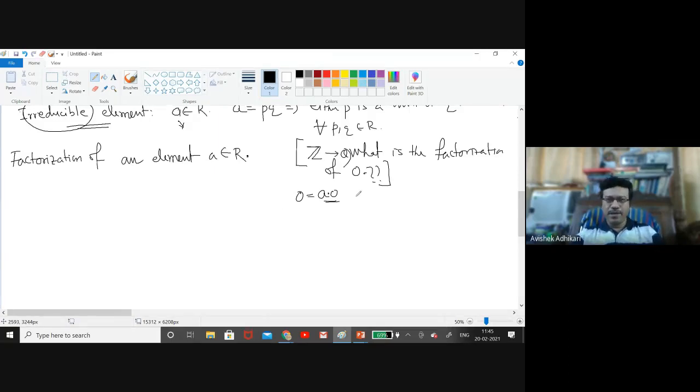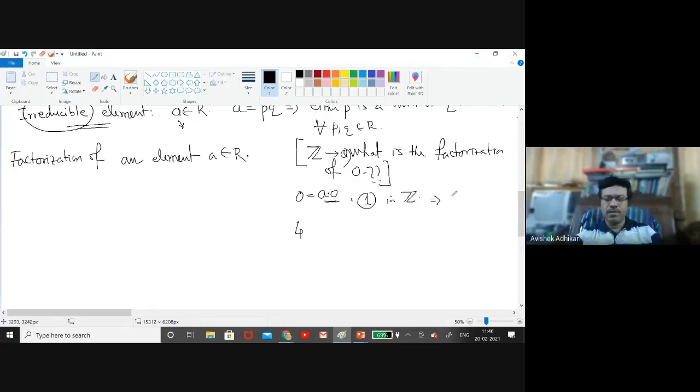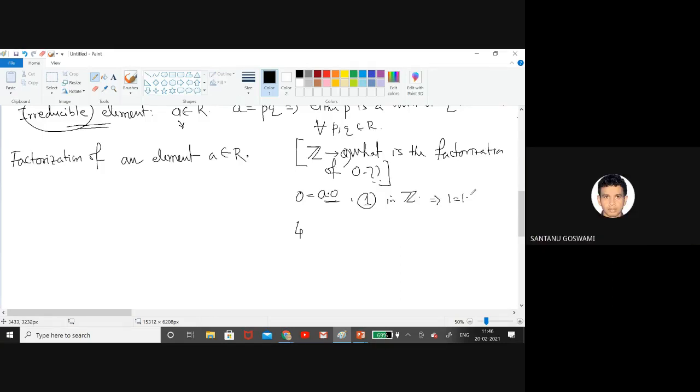Or what is the factorization of 1 in Z? 1 equals 1 into how many times? 100, whatever it may be. 1 into 100, or 1 to the power 100, anything.